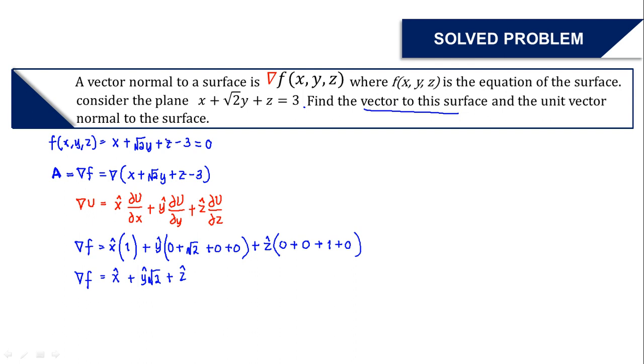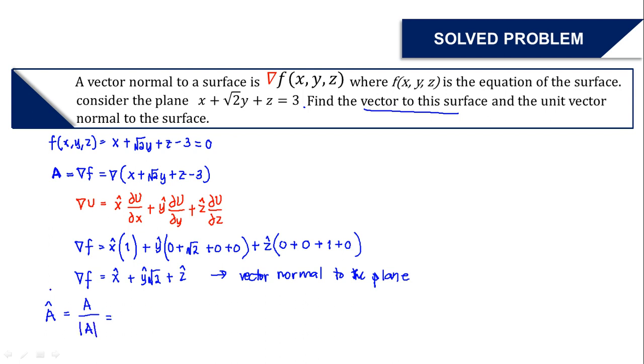Okay? So yun yung ating a vector normal to the surface. So ito yung vector normal to the plane. Yan. Sensya na sa sulat ko ha. Hindi pa ako sanay sa pen na ginagamit ko. So to get yung ating unit vector, right? To get yung ating unit vector ng A, so we have A hat is equal to the vector divided by its magnitude.